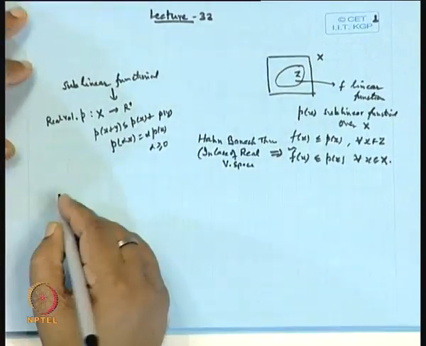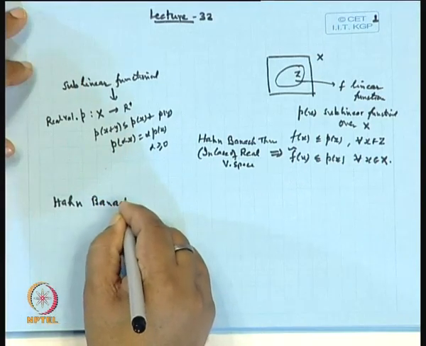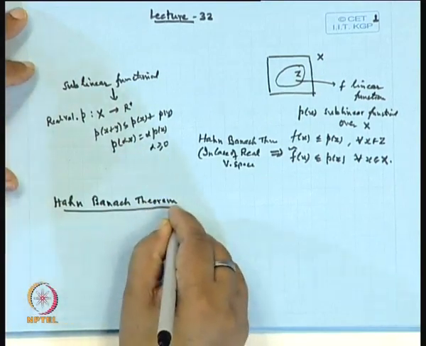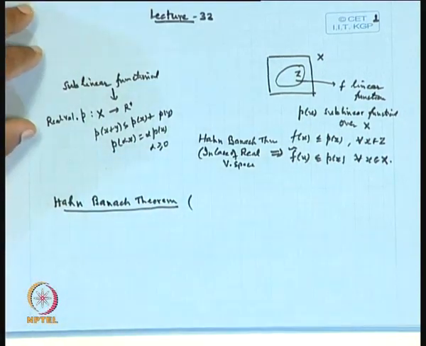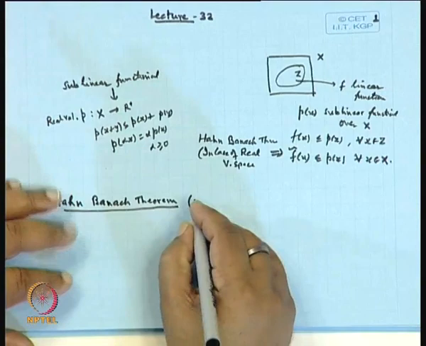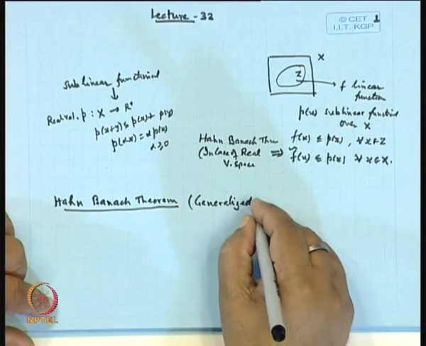Even if the vector space X is a complex vector space, the extension of the linear functional to the entire space is still possible, retaining the properties of the functional f on Z. So, we get the Hahn Banach theorem in a generalized form, a general result for real or complex vector spaces.